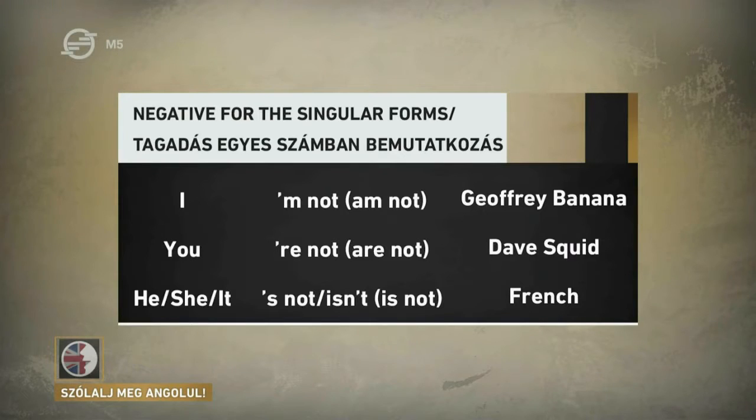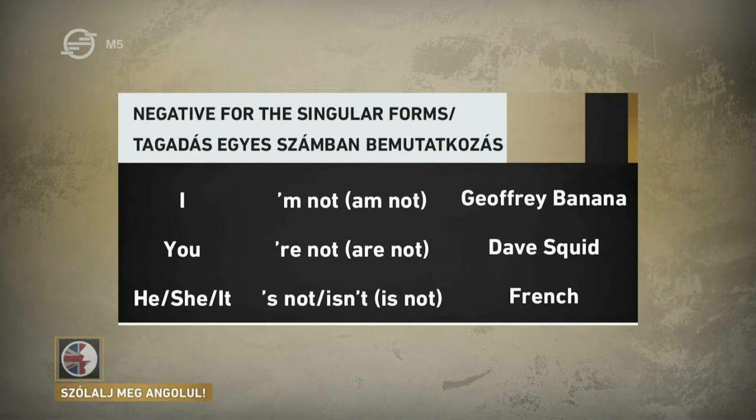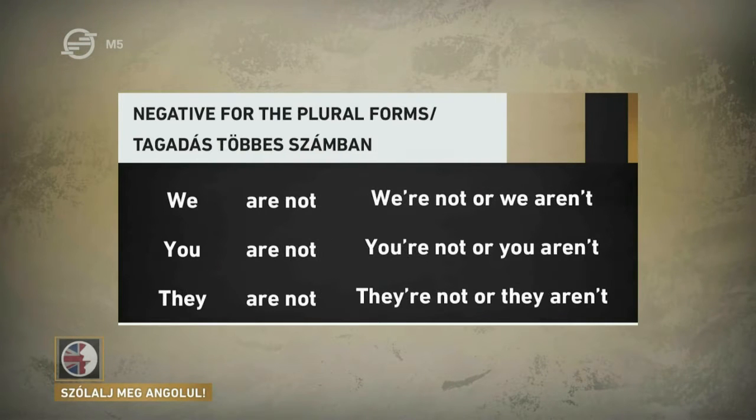We also learned the negative forms for the present simple version of the verb to be. Here's the negative for the singular forms. I'm not, I am not Jeffrey Banana. You're not, you are not Dave Squid. He, she, it's not, isn't, is not French. And here's the negative for the plural forms.